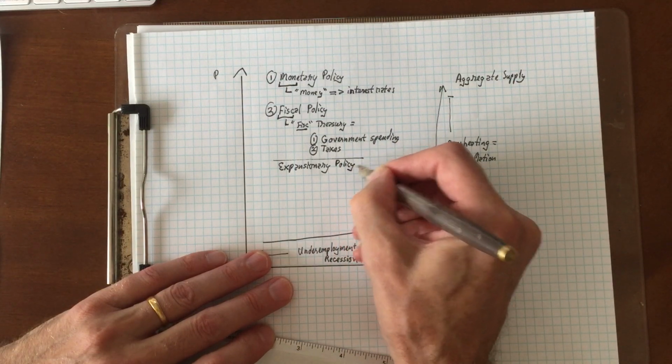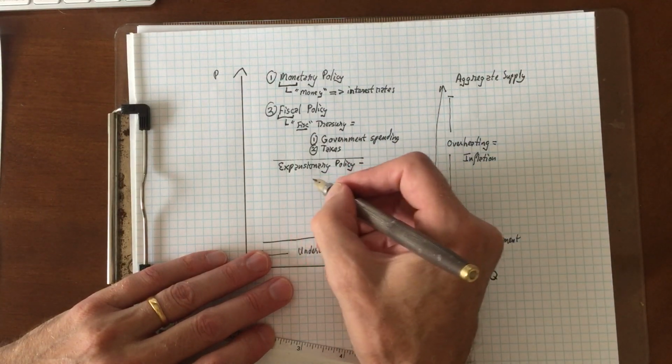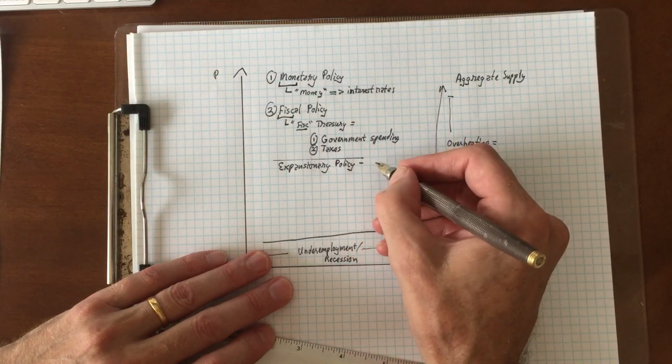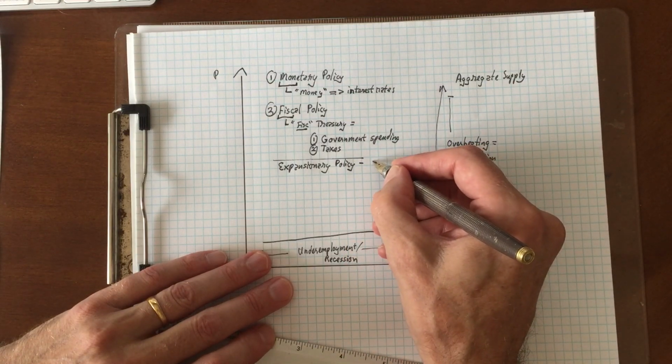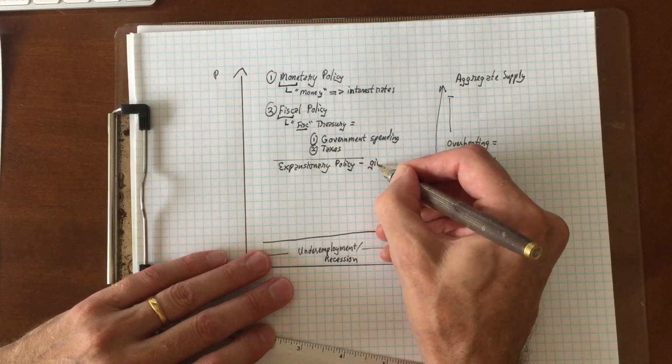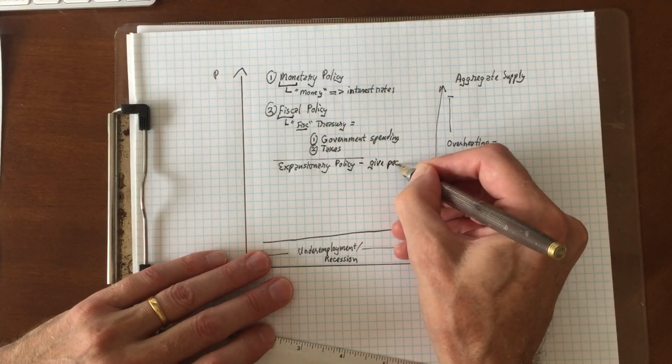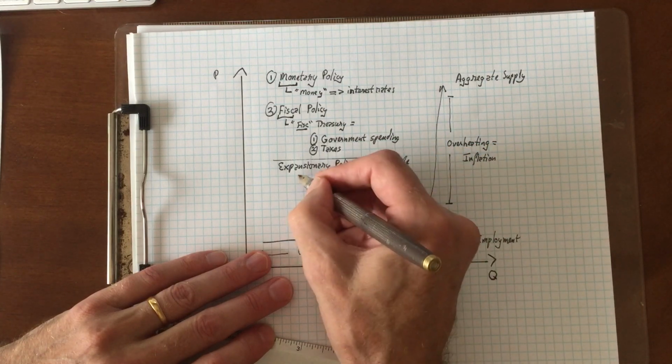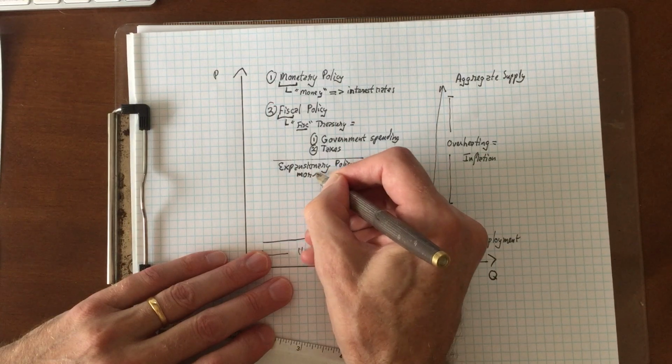And the key to expansionary fiscal and monetary policies is what you're going to try and do is give people more money to spend.